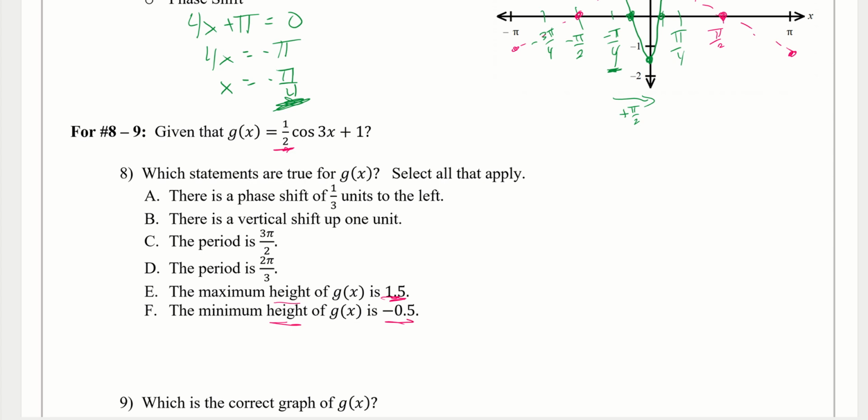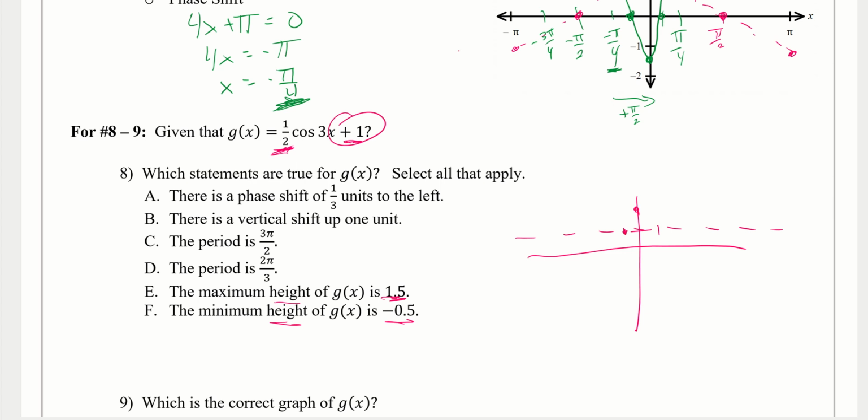But the only thing that would change my amplitude or how high things went would be this last value, D, right? So if I had a graph like this, at 1, that's going to be my new midline, thanks to this guy. And then thanks to my amplitude, I'm going to go up.